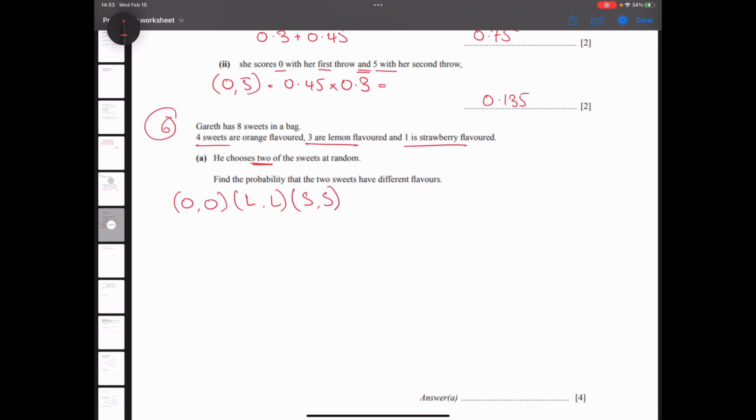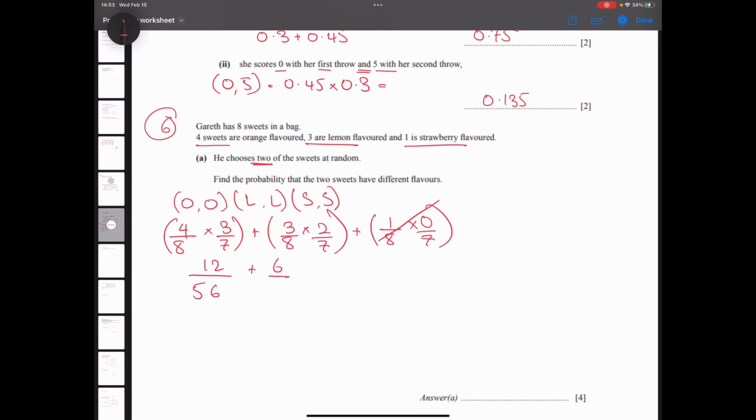So same flavors is going to be 4 out of 8 multiplied by 3 out of 7 plus lemon and lemon, 3 out of 8 times 2 out of 7 plus strawberry, that's impossible. So 1 out of 8 times 0 out of 7, it cancels out this. Again, bear with me. So 12 out of 56, 6 out of 56, that is 18 out of 56. That is the same flavor.